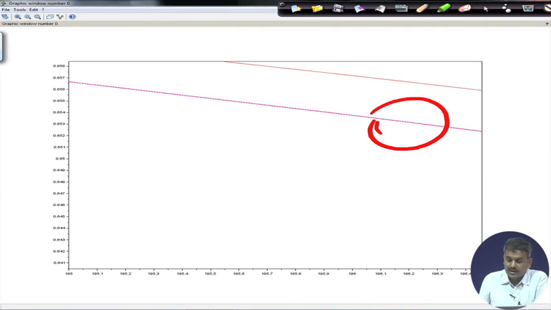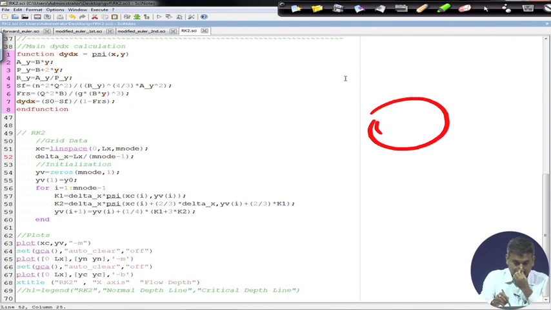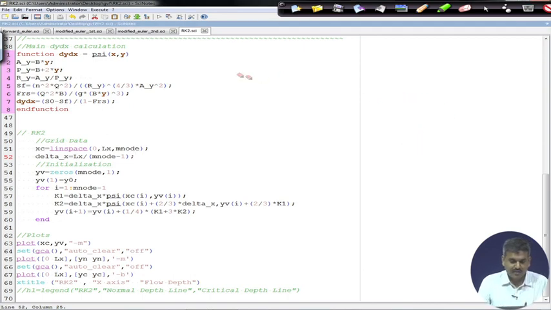Now, in this case we can see that solutions are converging, for our first order and second order methods, to a single solution.